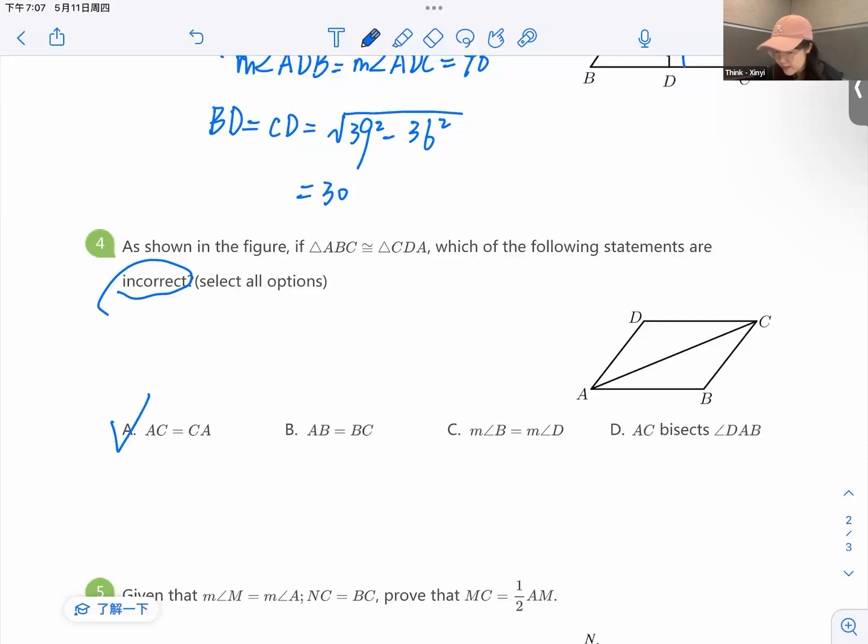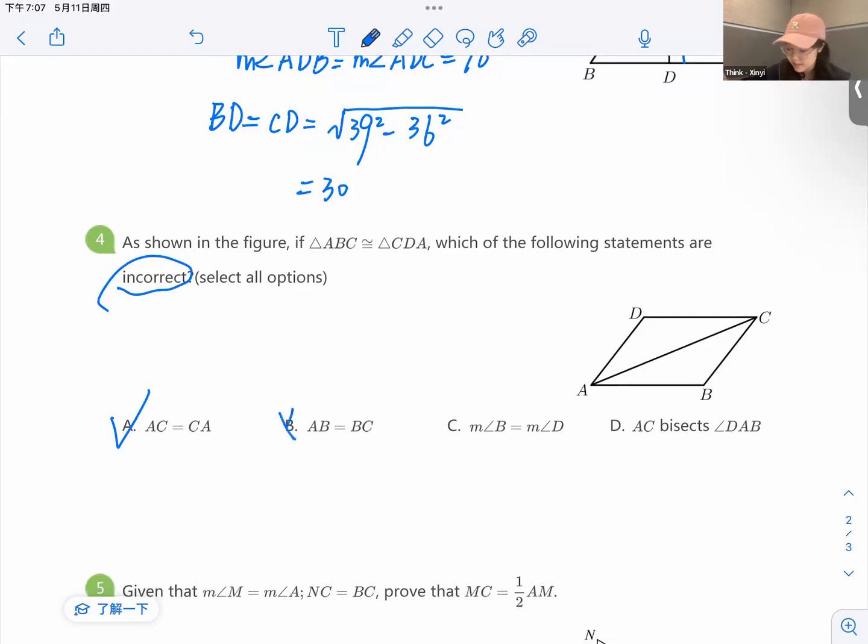And for AB equals BC, is that correct? It's not correct, since it's not necessary that AB equals BC, since we don't know angle BAC and angle BCA. And for C, we have angle B equals angle D, because they're congruent triangles.